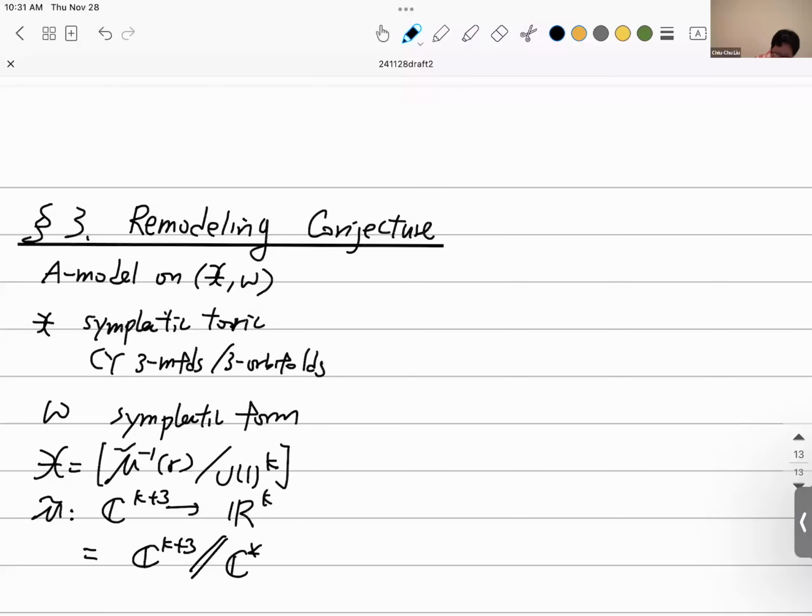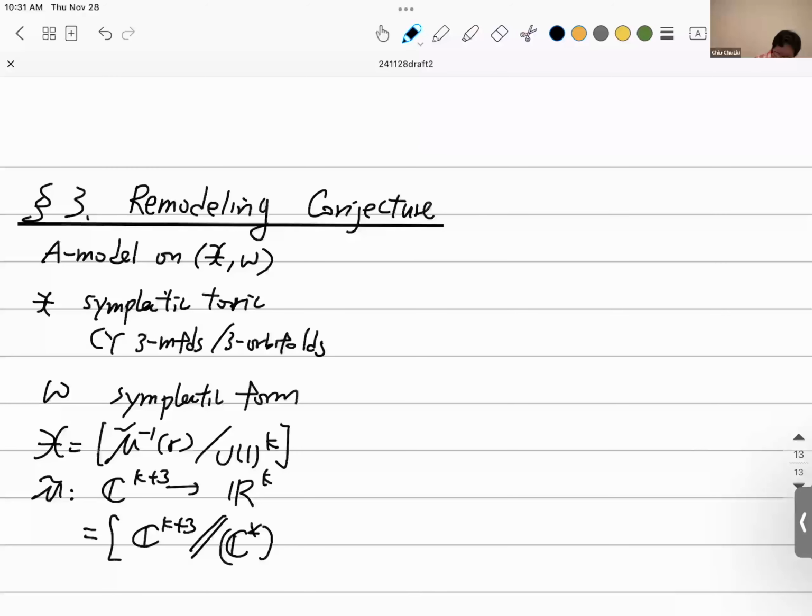If we forget about the symplectic structure, as a complex manifold or orbifold it is the GIT quotient of the complex torus.